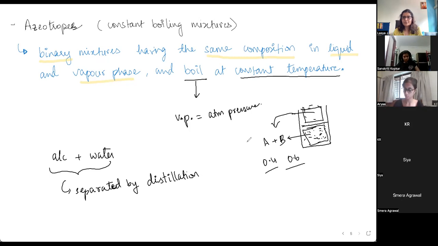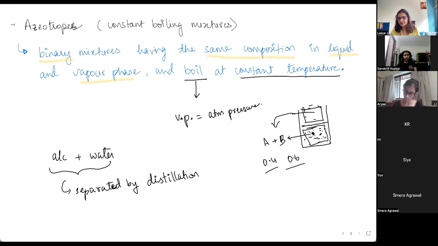So azeotropes occur at 0.4, what was that, Kaveri? What is 0.4, 0.6? That's just examples that I took. So composition same rahega in liquid state and in vapor state.